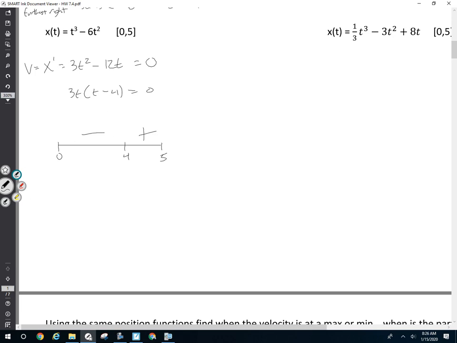So same deal here. Left will be at t equals 4. Right will be either at x of 0 or x of 5. I'm assuming it's going to be at 5.